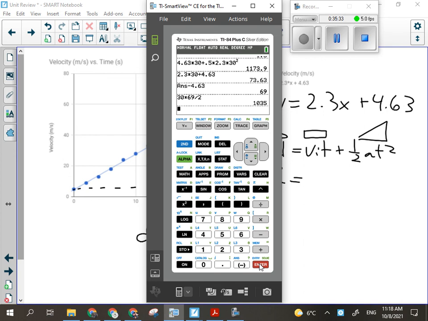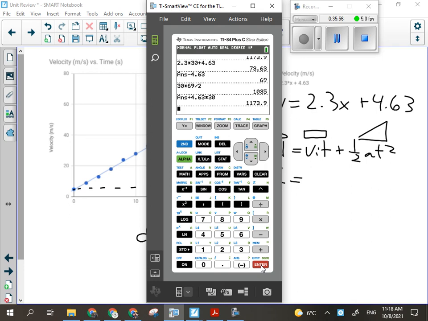There's the area of my triangle plus the area of my rectangle, 4.63 times 30. Oh my gosh, look what happened. I got exactly the same answer. That's not by accident, it's not a fluke either. Is everyone with me on that?